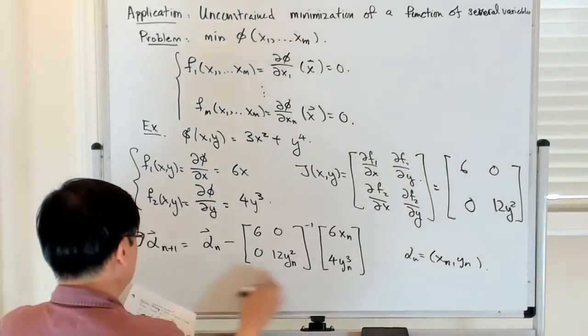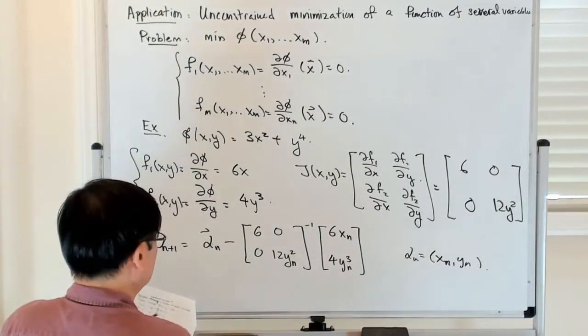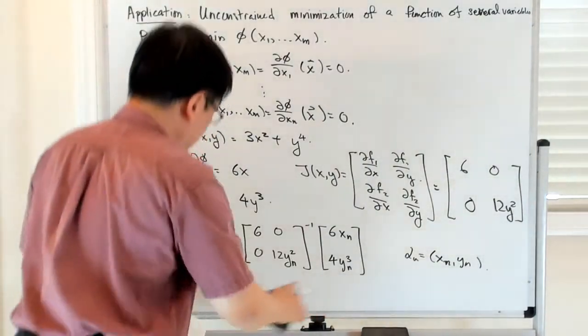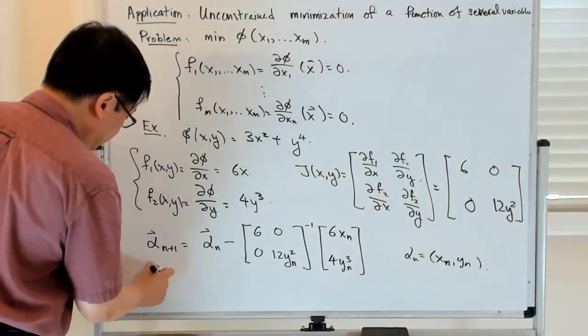So that's basically the iteration for Newton's method.